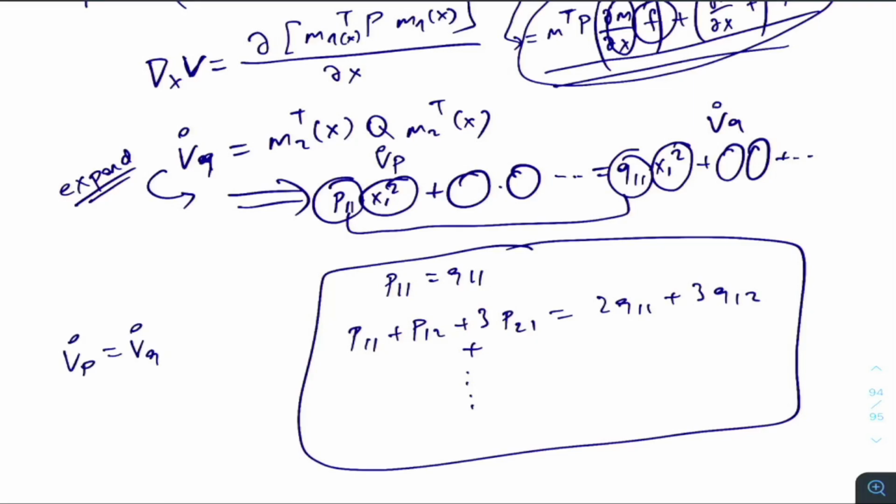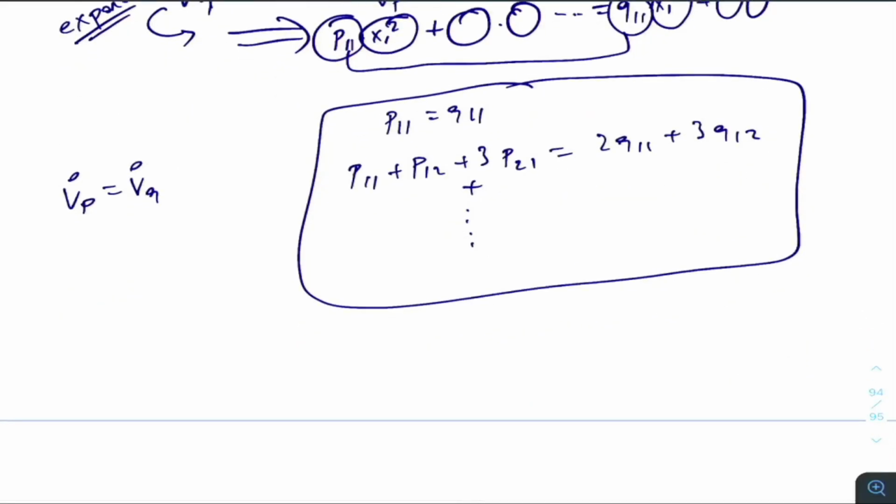All right, so the problem at this point is: find p and q such that p this, q this.